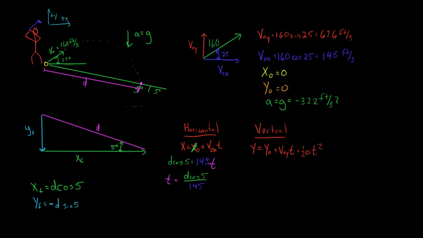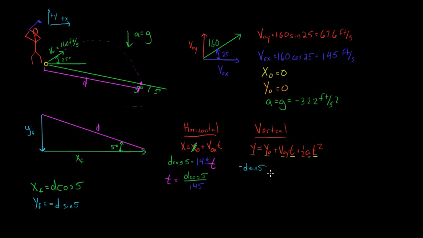We know all of these, and we just came up with an expression for time. However, our y final position has this d in it. So we can say that our y final position is minus d times the sine of 5.